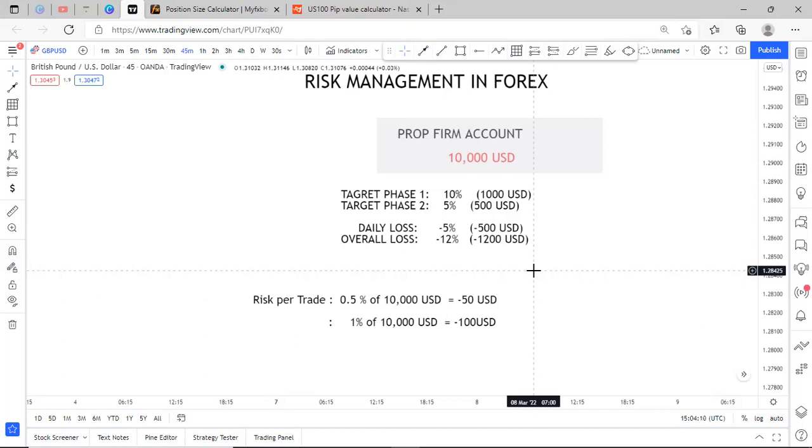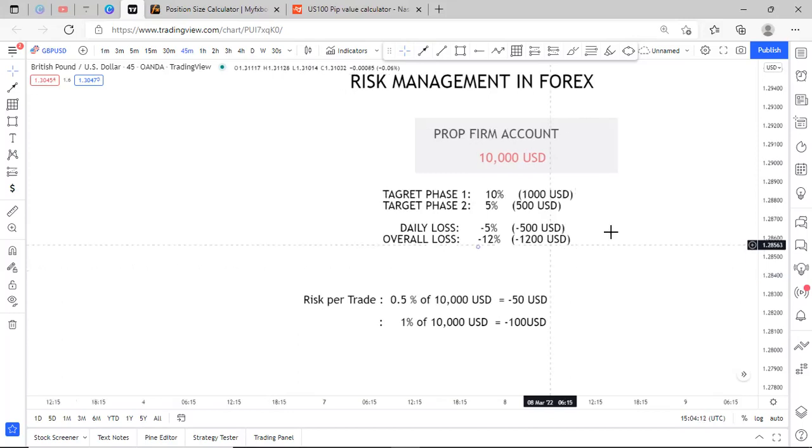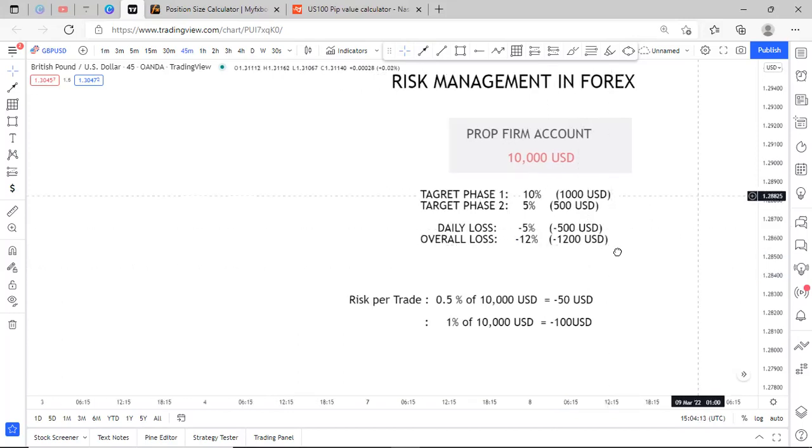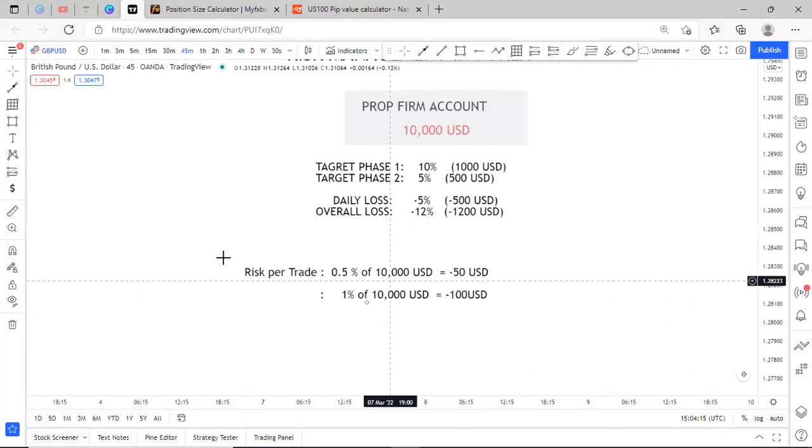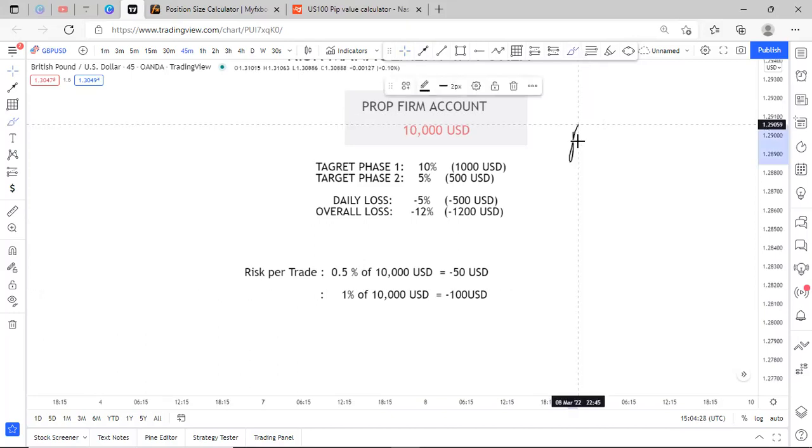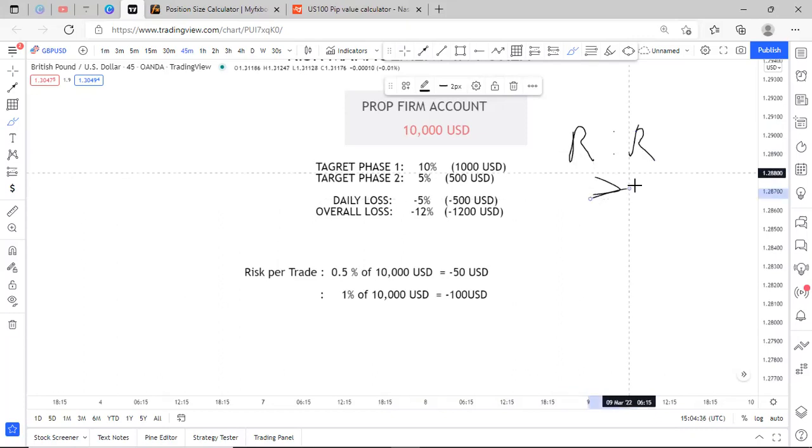So now, let's move to reward. We've talked about risk, let's move to reward. Reward is if the trade goes in your favor, right? And whenever you take any trade, always make sure your risk to reward is always greater than or equal to 3.